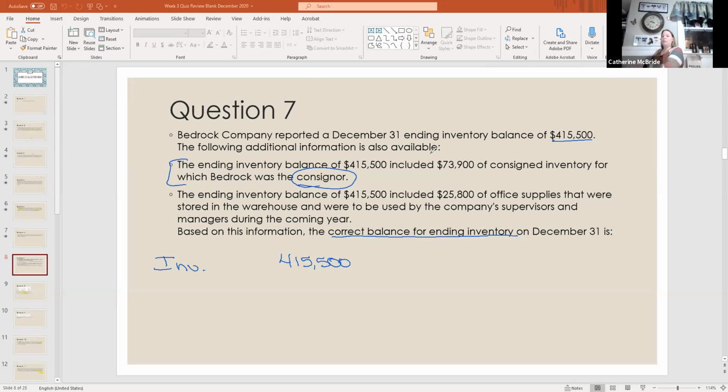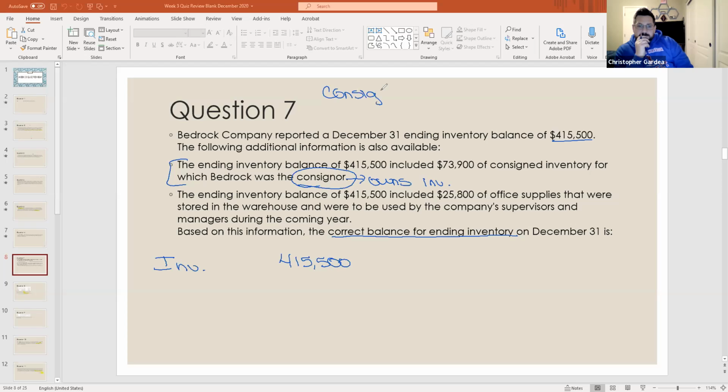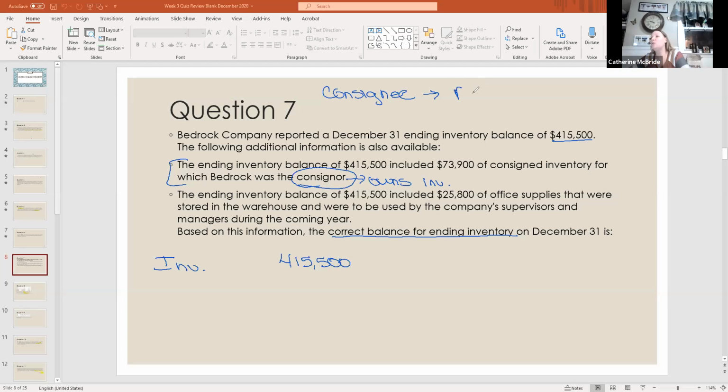It belongs to the customer that put it in the store. However, there's the consignor and the consignee. The consignor is the one that owns the inventory. If it said consignee, then they do not own the inventory.